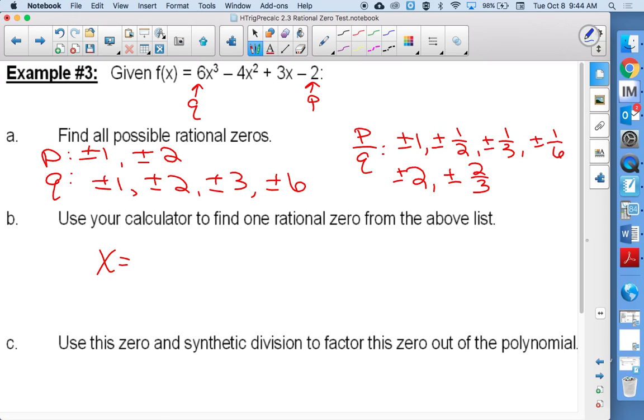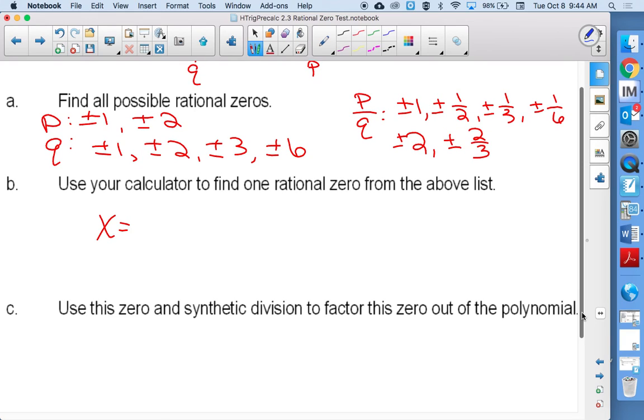Hold on, you're having a rough time. So we got this list from the calculator. We're going to find one rational zero. One number that's in the list. And just one. If it isn't from the list, you can't write it down.